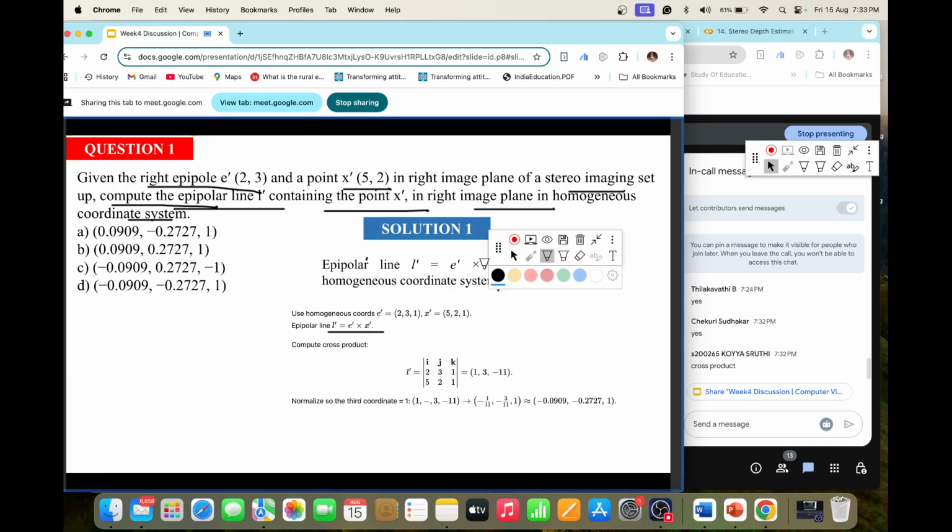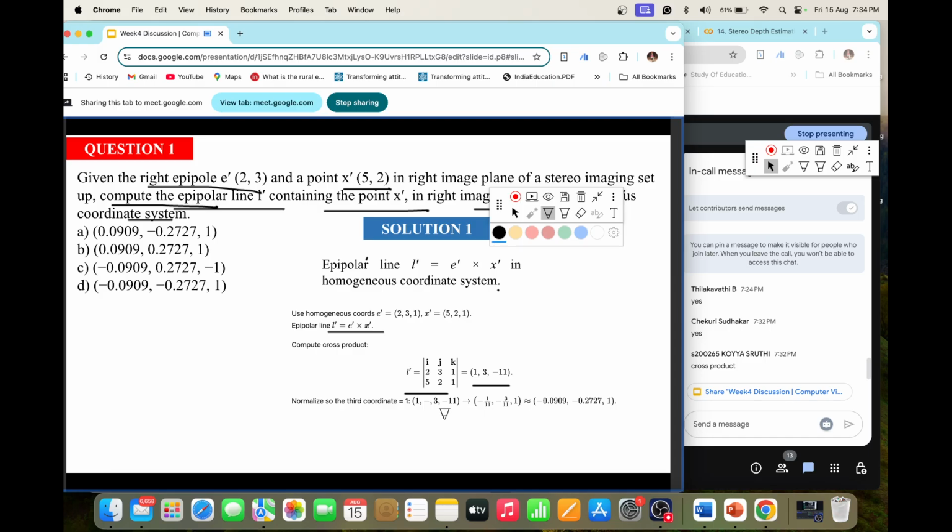Just do the cross product. How will we write it? L dash equals the determinant of i j k, with E dash as 2 3 1 and X dash as 5 2 1. So just do the cross product and we get 1, 3 and minus 11.